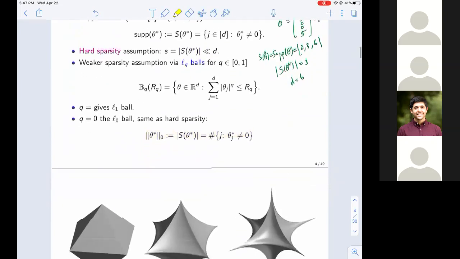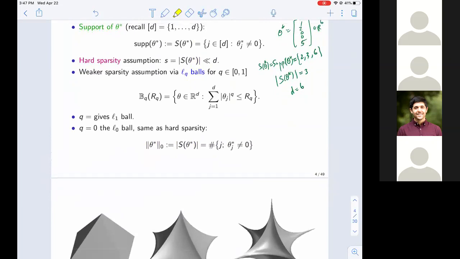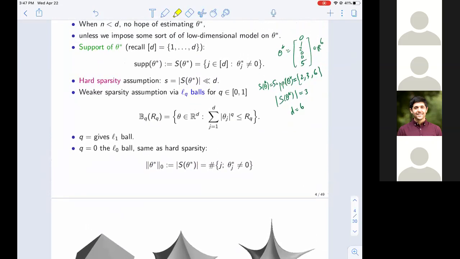You can derive it as a limit of the LQ norms, and those are proper norms, and they allow you to define more lenient, or weaker, versions of sparsity. So a weaker sparsity assumption is to assume that theta belongs to the LQ norm ball of a certain radius.